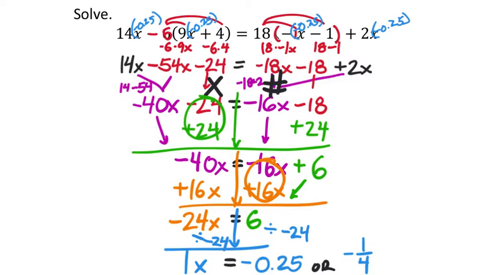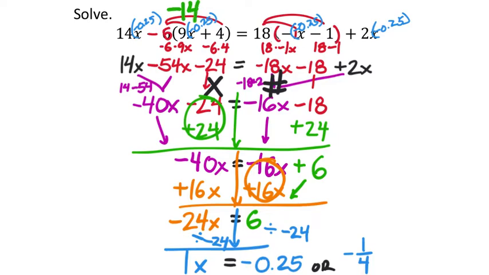Let's go and type this in. I got 14 times negative 0.25 minus 6 parentheses, 9 times negative 0.25 plus 4, close parentheses. I push enter, and on the left side, I got negative 14. Okay, now the right side.